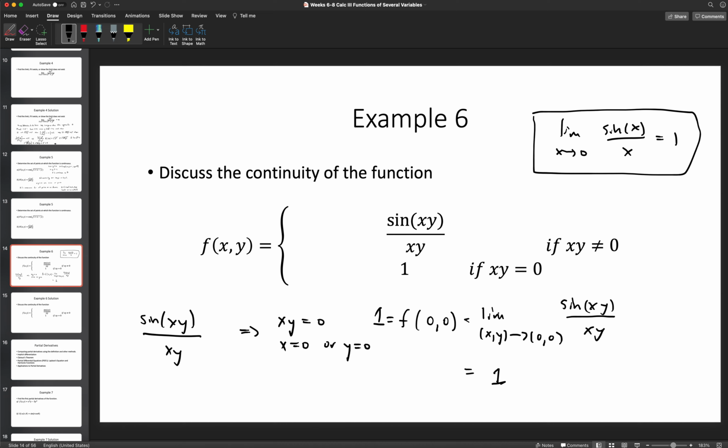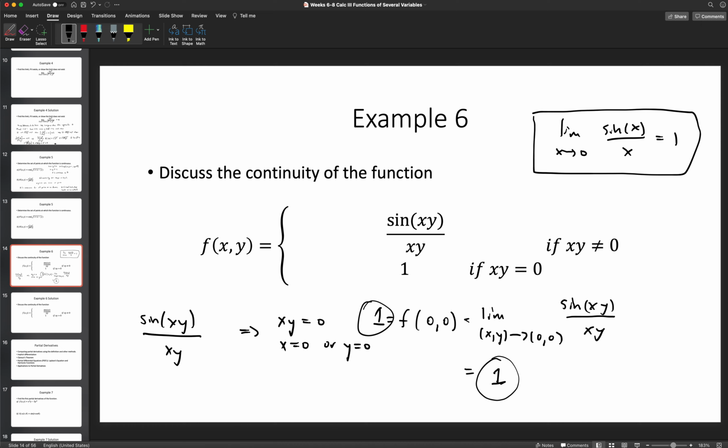It's the same as letting the limit as t goes to 0 of sine t over t, where you let t be xy, and playing around with this limit to get that this is also 1. So that means that this function f of x, y is continuous at 0, 0.